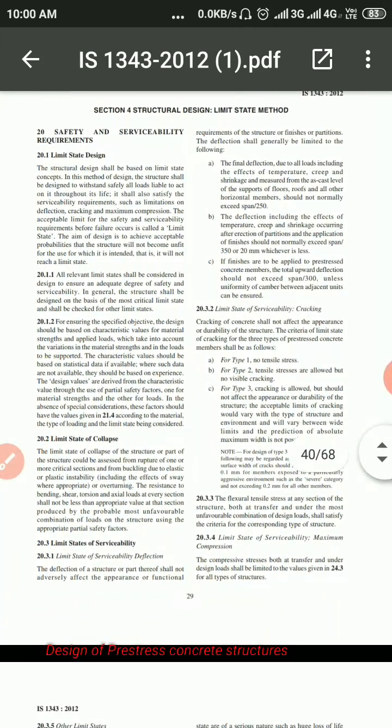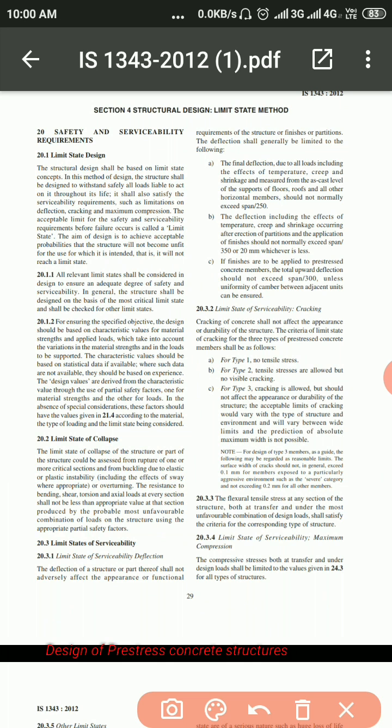Before starting with the actual limit state of collapse, we will first see the limit state of flexure. The flexural strength, that is bending, is very important.